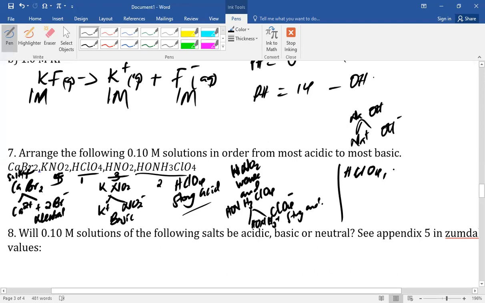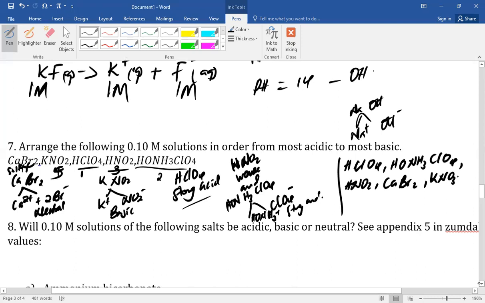So we have HClO4, HONH3ClO4, HNO2, CaBr2, KNO2. In that order.